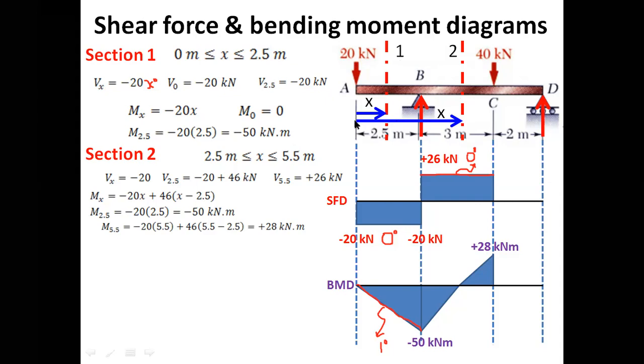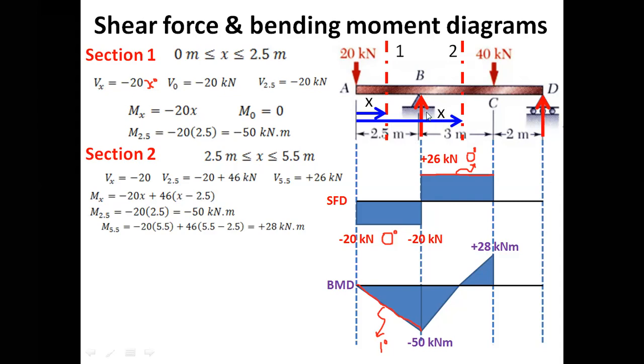So this is x, and this is 2.5. So this distance is x minus 2.5. So the moment arm for RB is x minus 2.5, and it is producing clockwise moment. So plus 46 times x minus 2.5. So this is the general equation of the bending moment for this section.